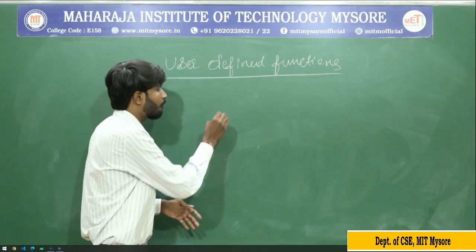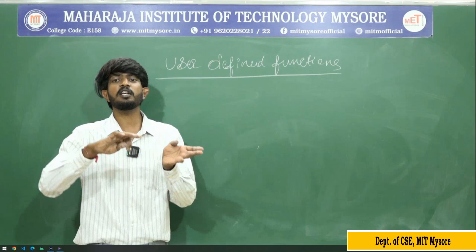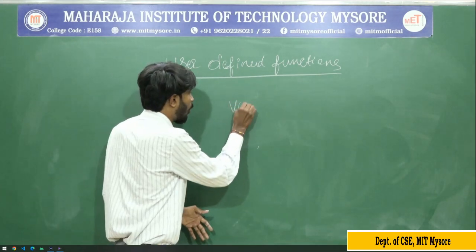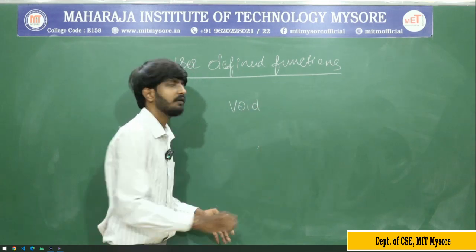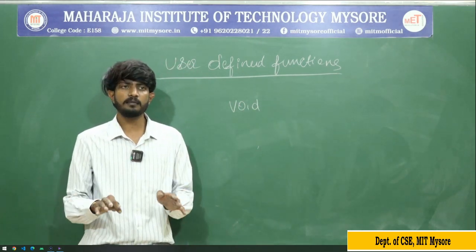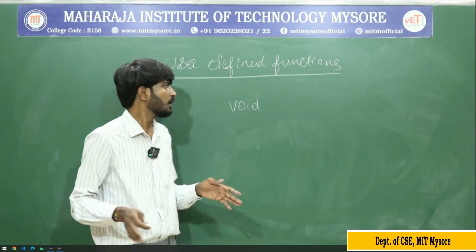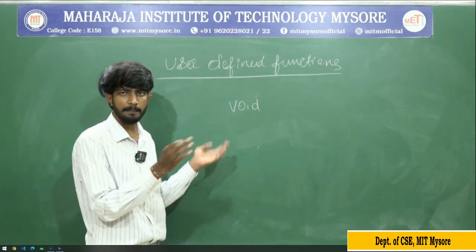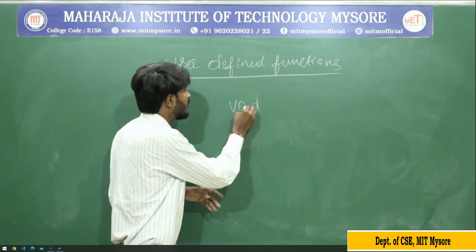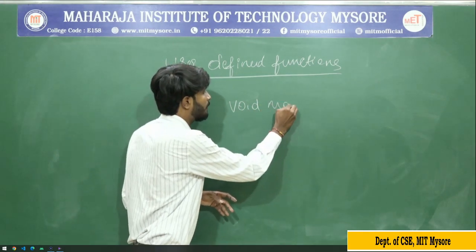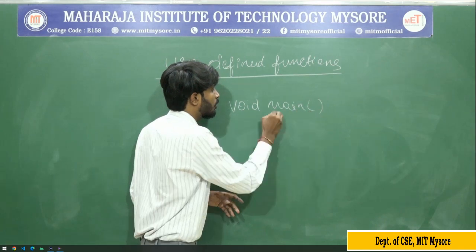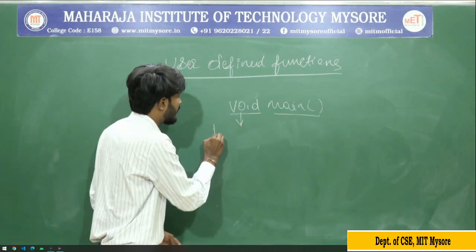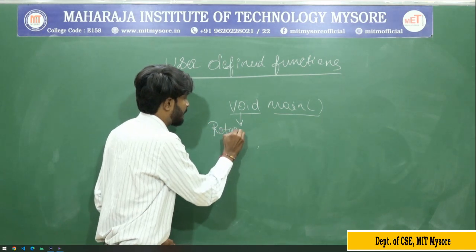For main also, if we do not use any return type, it will return void. Void means it will not return anything, like empty. Whether I use it implicitly or explicitly, it will take void main. This is the return type.